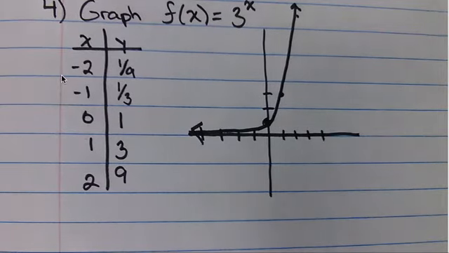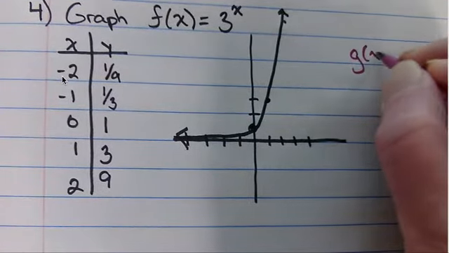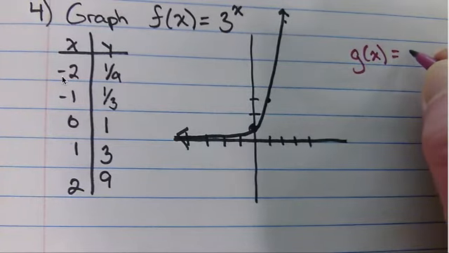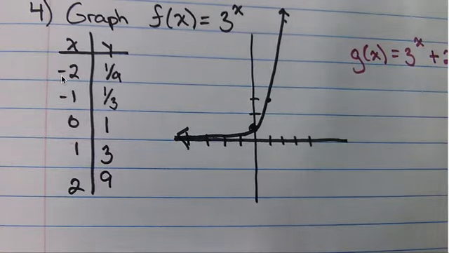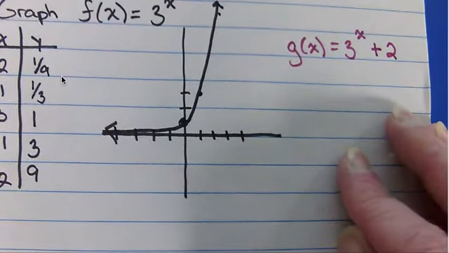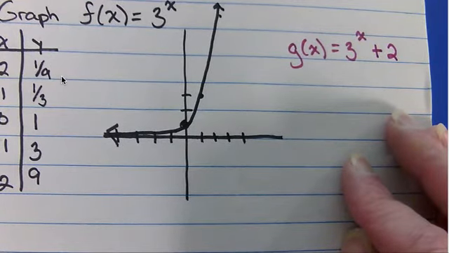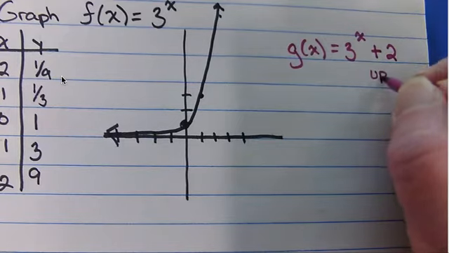What would happen if I graphed 3 to the x plus 2? Let's think about how our functions move. What would happen to that graph? Well, the plus 2 at the end means it's going to go up 2.